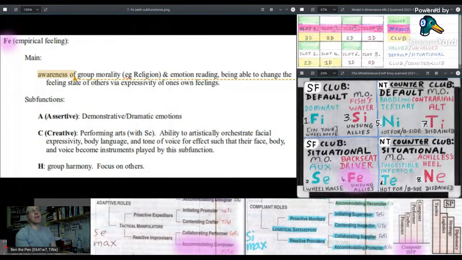This is why you're not going to get ISFPs that act like INTJ. ISFPs are going to be considerate of other people's feelings. It's just that when the rubber meets the road and there's a clash, ISFP is going to stand up for itself, even if it causes a scene.